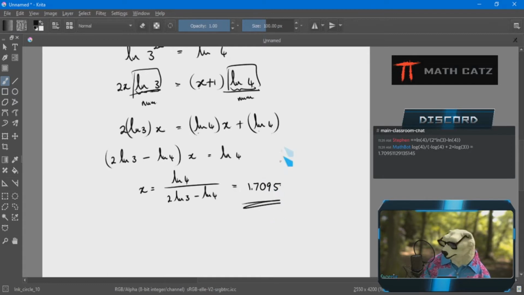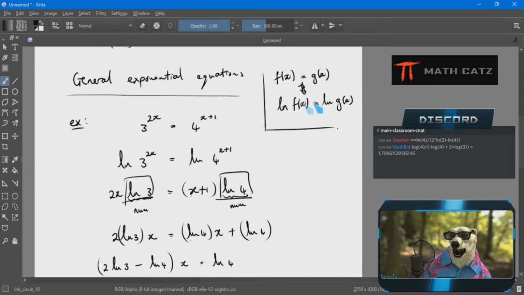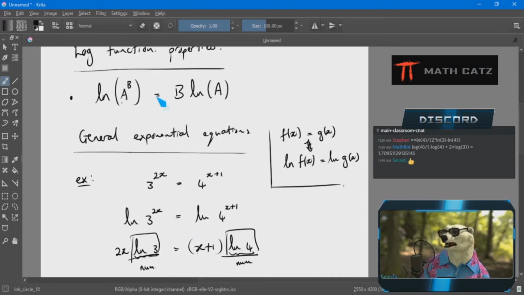So with this quote-unquote taking logs on both sides property, I can handle exponential equations with different bases. It doesn't actually matter now. I'm good with anything now. But in the beginning, I couldn't do that without knowing something about logs. I need that property, which doesn't work with anything other than logs.